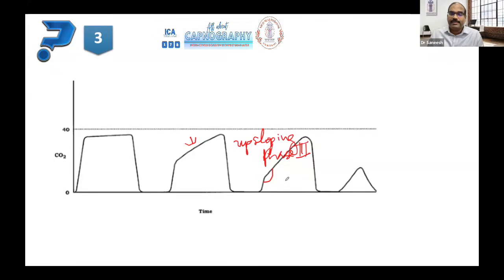What do you do immediately? Just because there is an upslope, you don't start a nebulization or give a shot of steroid, right? First exclude the mechanical causes, like tube kinking. Then look for clinical signs, whether there is any rhonchi, especially if you are anticipating it because it's a bronchial asthma patient, or the patient has a history of allergy or a risk of anaphylaxis.